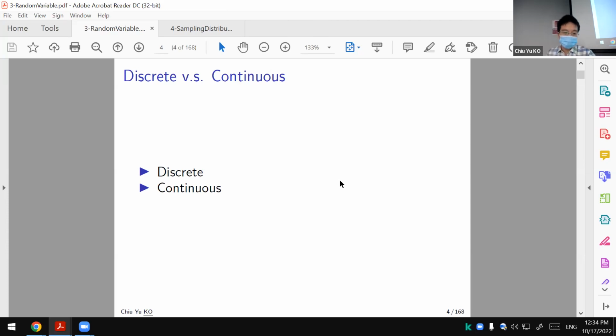Those are the kinds of things where you use continuous. But the way you distinguish them is somewhat artificial, in the sense that it's the math tools that you use. Sometimes it's convenient to talk about discrete, sometimes it's more convenient to talk about continuous, depending on the nature of our application.